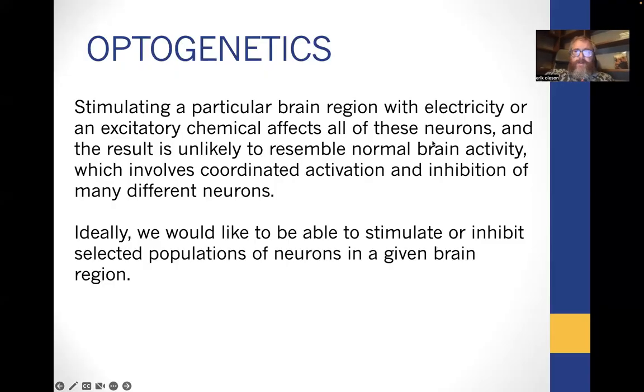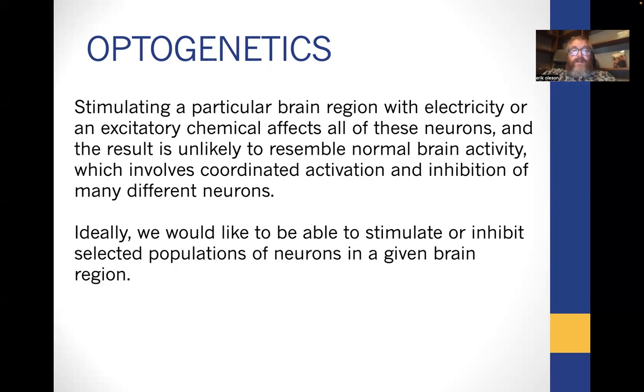Sorry about that. Now we are back to optogenetics. So optogenetics would involve stimulating a particular brain region with electricity or an excitatory chemical that affects all of these neurons, and the result is unlikely to resemble normal brain activity, which involves the coordinated activation and inhibition of many different neurons.